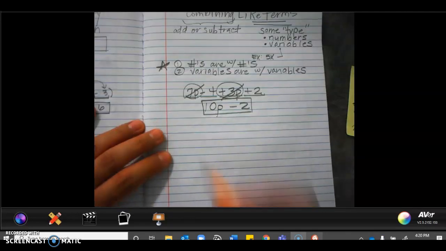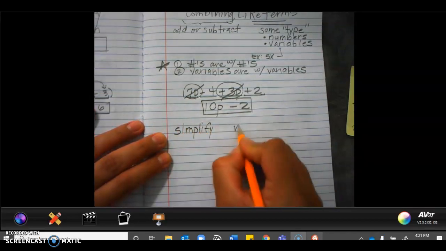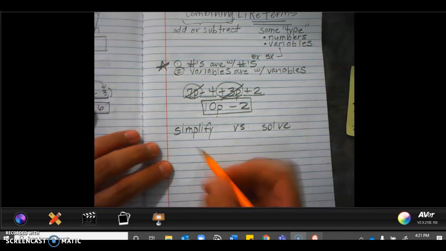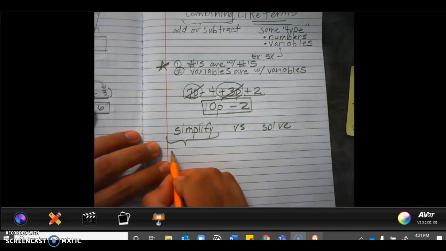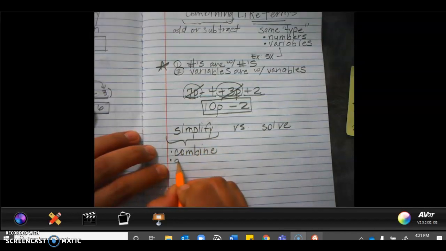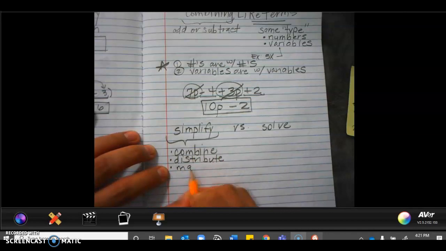We moved on to the topic of simplify versus solving something. When we simplify, we either combine, distribute, or we make it easier, I like to call it.